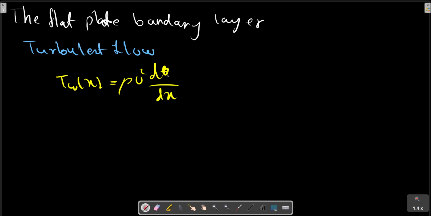From the definition of the CF, which is the friction shear wall coefficient, we can write this relation.